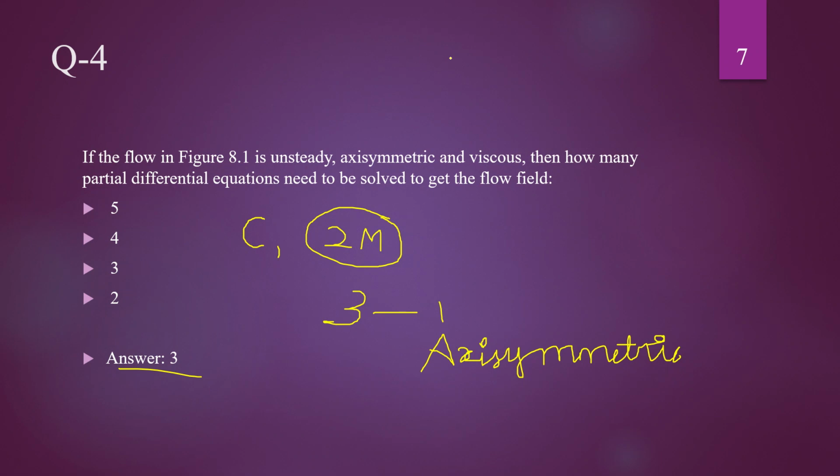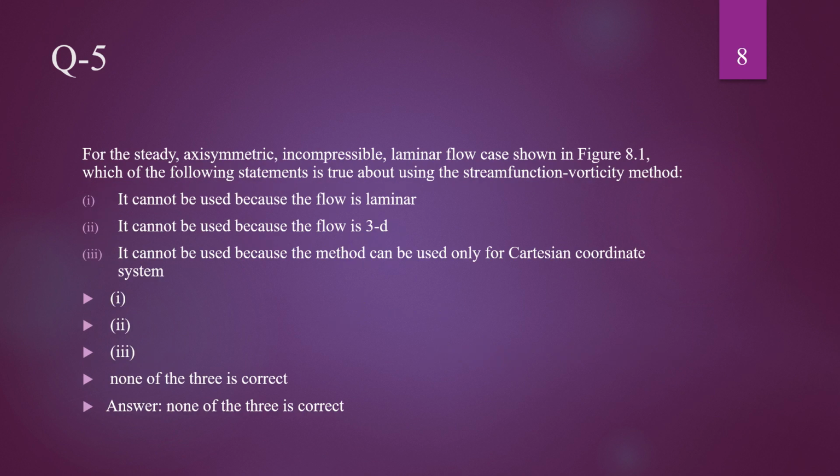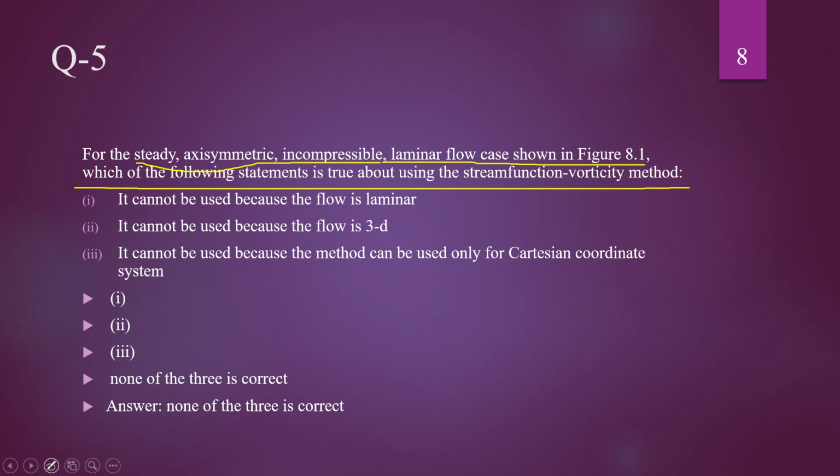Now we'll move on to question 5. For the steady axisymmetric incompressible laminar flow case shown in figure 8.1, which of the following statements is true about the stream function vorticity method?